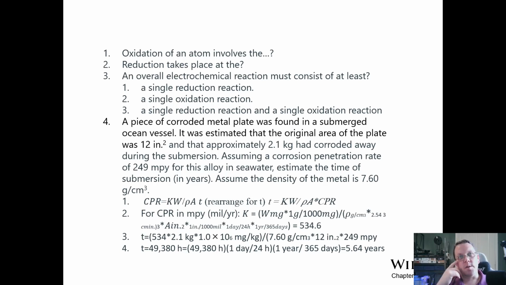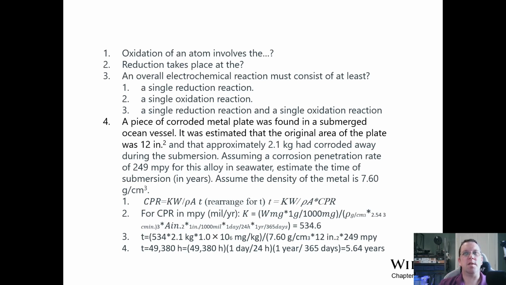So another example here, one of the problems where we do an actual calculation, because we didn't cover a lot of formulas, I wanted to include this. A piece of a corroded metal plate was found in a submerged ocean vessel. It was estimated that the original plate area was about 12 inches square, and they weighed it approximately 2.1 kilograms.